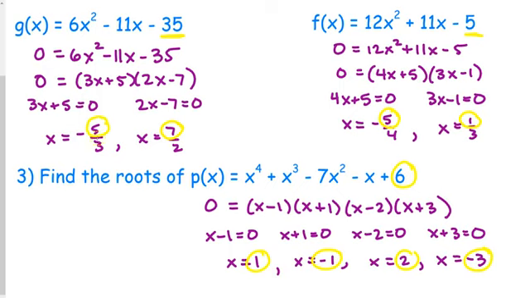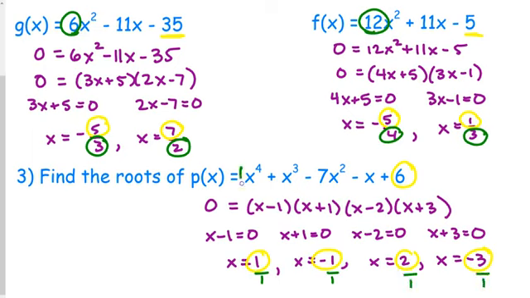Now let's look at denominators. Going back to number 1, 3 and 2 are factors of 6. 4 and 3 are factors of 12. And then these denominators, 1 is a factor of 1. Okay, so it's looking like the numerators are factors of the constant, and the denominators are factors of the leading coefficient.